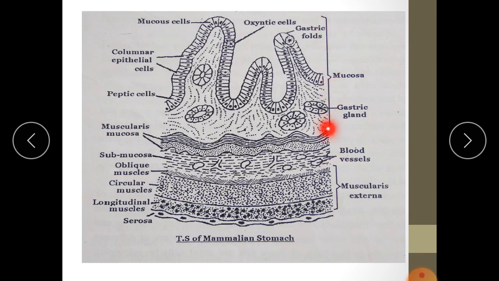So this is the wall of the stomach. The wall of the stomach has four distinct layers. From exterior to interior: serosa, muscularis externa, submucosa, and mucosa.